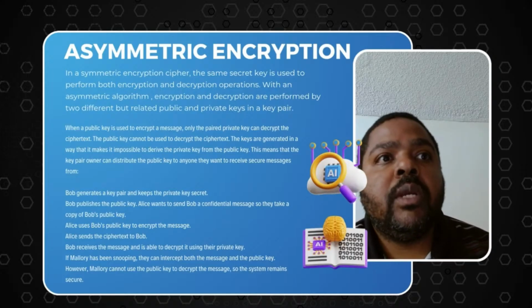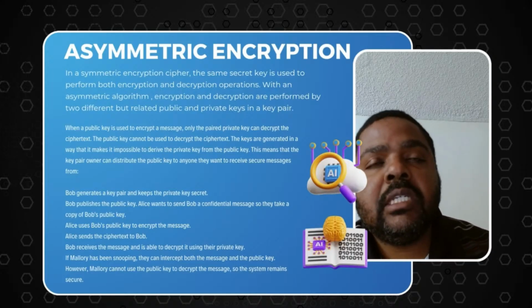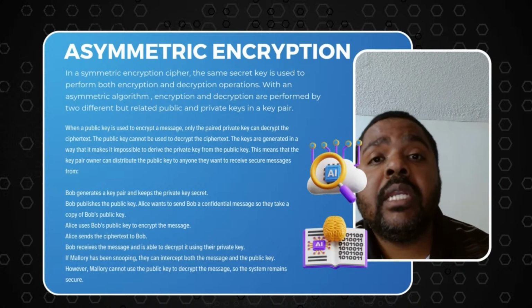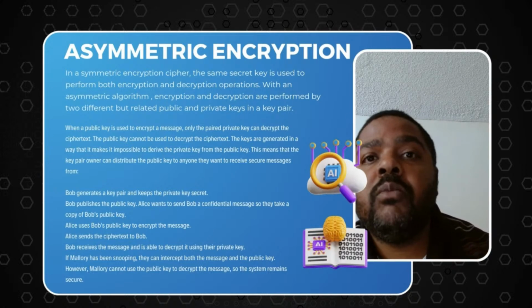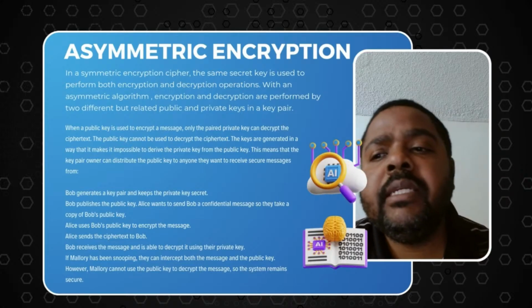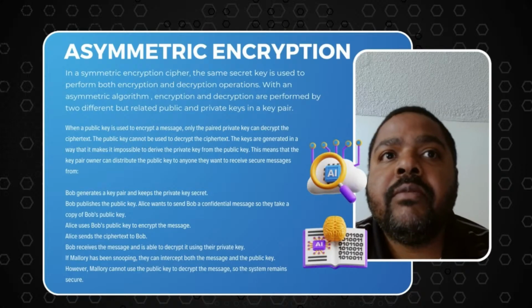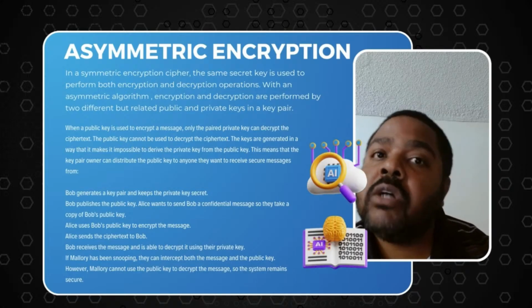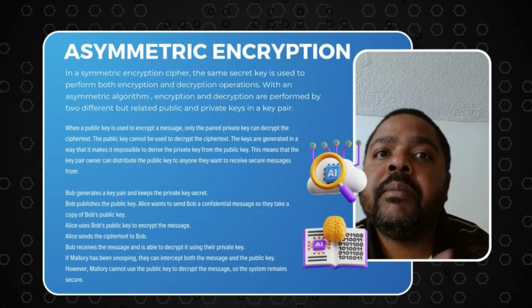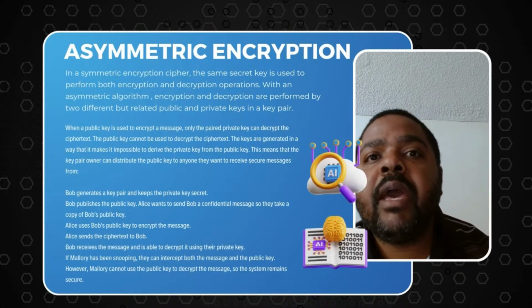Okay, so we're able to send messages out securely using our public key, but then we're able to decrypt any type of thing using our private key. And the reason why these keys can actually talk to each other, similar to the symmetric key, is because they're mathematically related.